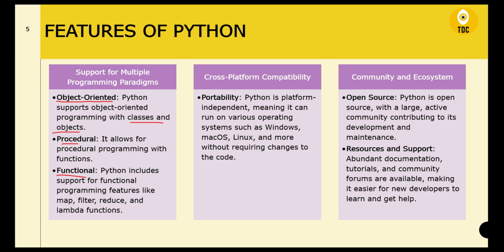And Python has cross-platform compatibility. That means Python is more portable, so it doesn't matter whether you're coding in Windows, Linux, or Mac OS. You can easily port the code. If you write a particular code in Windows, it will still run in Linux, and code written on Mac can still be run on a Windows machine.